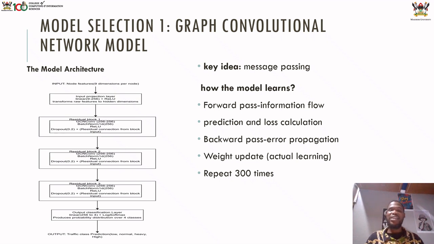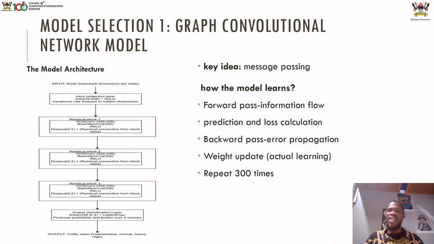Information is passed on downwards to the depth of the network, but then learning happens through a process called backpropagation, right? So prediction and loss calculation is about attaching weights to these things. You see that you have made a prediction, but you need to calculate the loss.